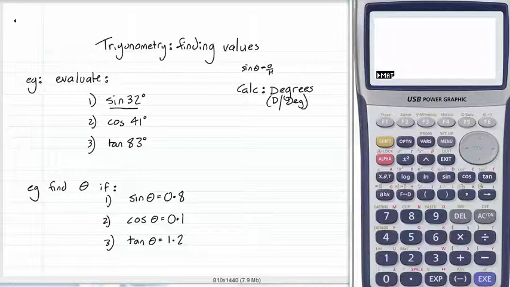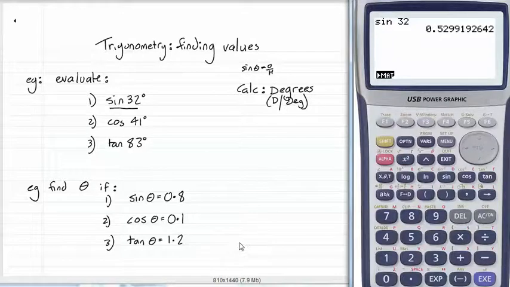Once your calculator's in degrees mode, this one's really easy. To evaluate sine of 32 degrees, here's the sine key. It will be pretty close to here on your calculator. Sine 32, you don't need to hit the degrees sign, equals.